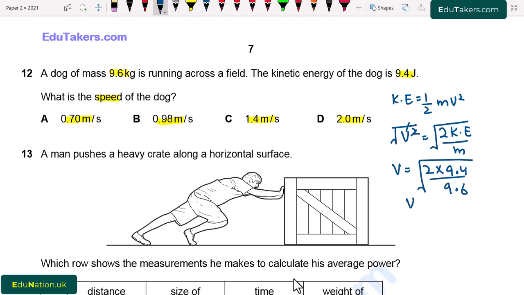So v will be equal to 1.4 meter per second. So here option C is correct.